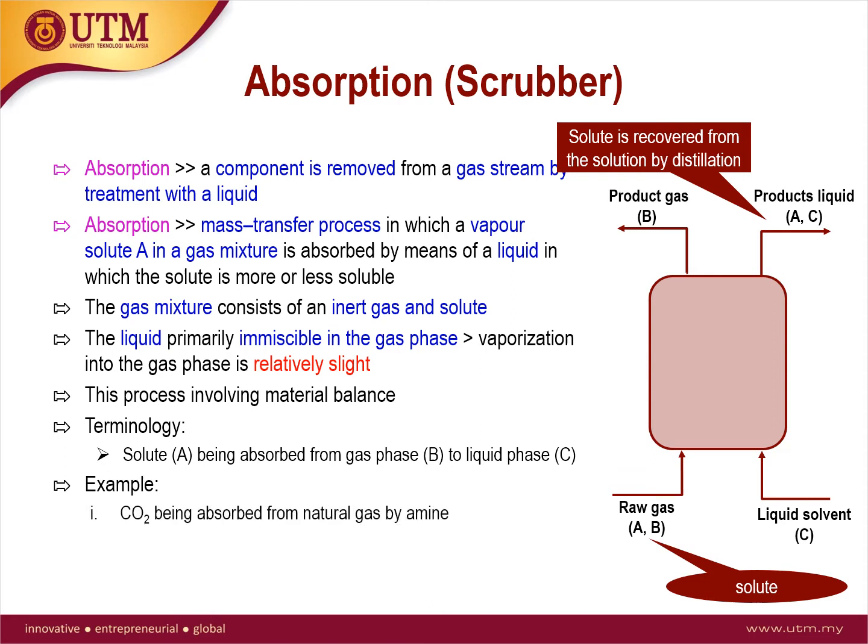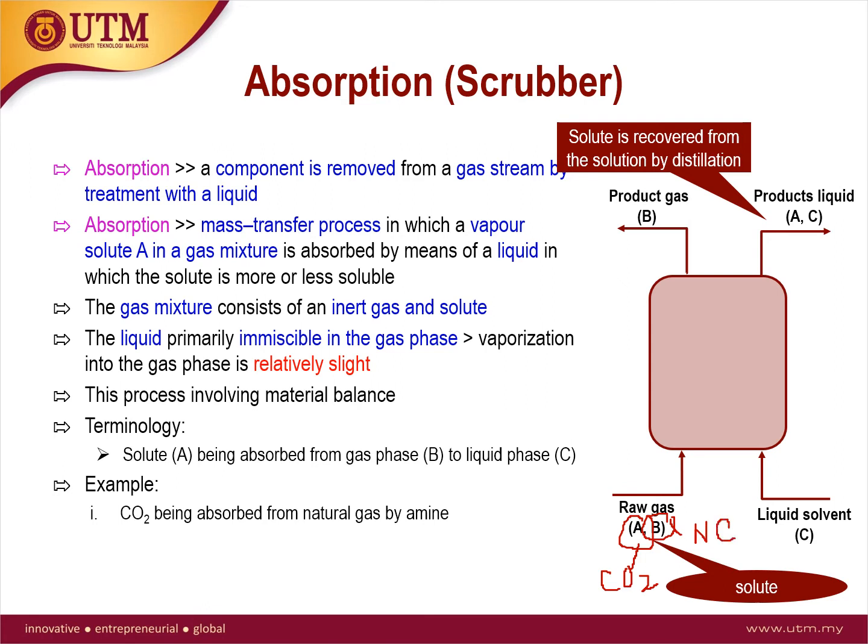For example of the absorption process, the separation of CO2 from natural gas by using amine. So for the example, solute A consists of CO2. B is natural gas.